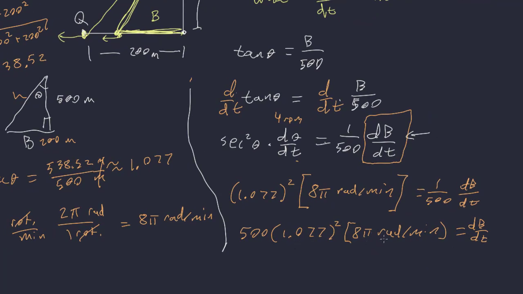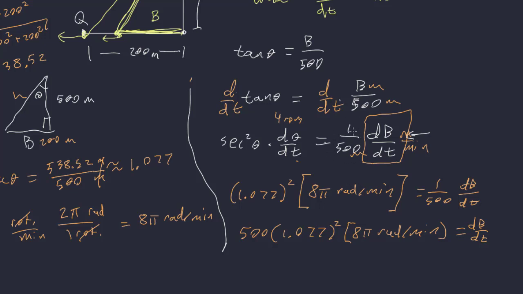All right, now you might wonder, what happens to our units? So here, B is in meters, this 500 is in meters. This dB is in meters per minute. This 1 over 500 is simply in meters.